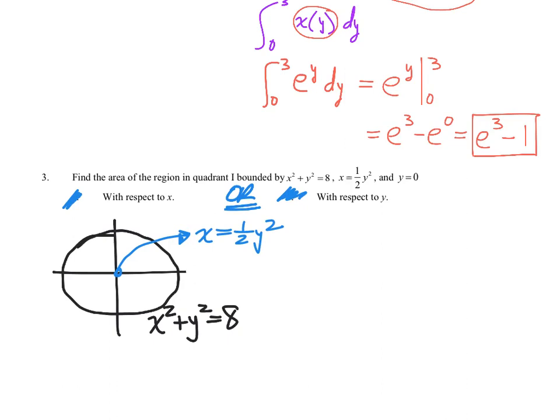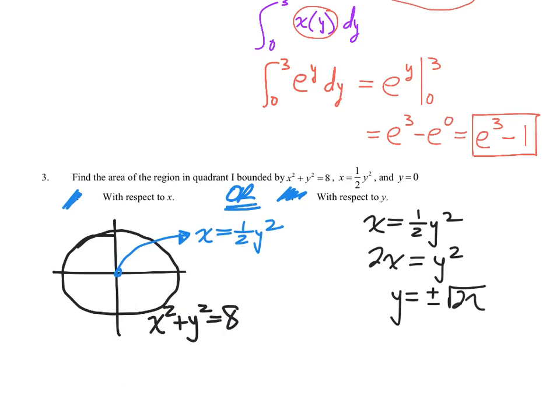If we have an equation that has y's and x's in it, let's work with the y's and x's. So x equals 1/2 y squared. Double both sides. 2x is equal to y squared. Square root both sides. y equals plus or minus the square root of 2x.